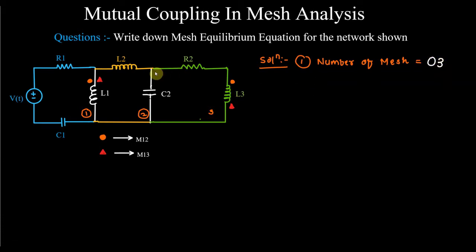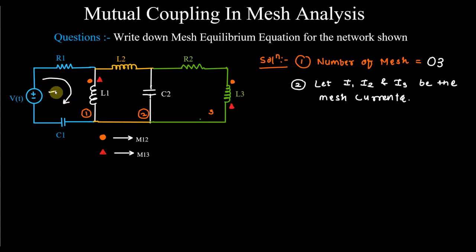Now, what is the second step? Assign the current direction to each mesh. So let I1, I2 and I3 be the mesh currents. As there are 3 loops, I have considered the 3 mesh currents, and I will follow the same direction, that is clockwise.